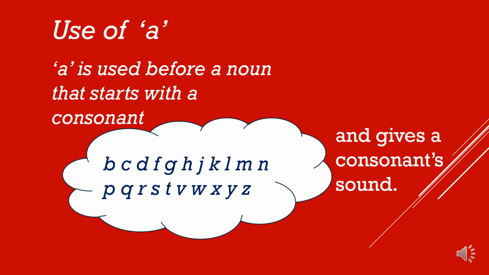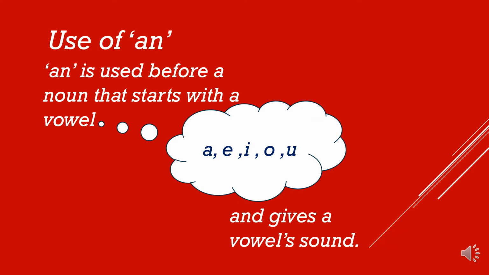Students, I have discussed with you sounds of vowels and consonants. After the discussion, all of you have understood A is used before a noun that starts with a consonant and gives a consonant sound. An is used before a noun that starts with a vowel and gives a vowel sound.